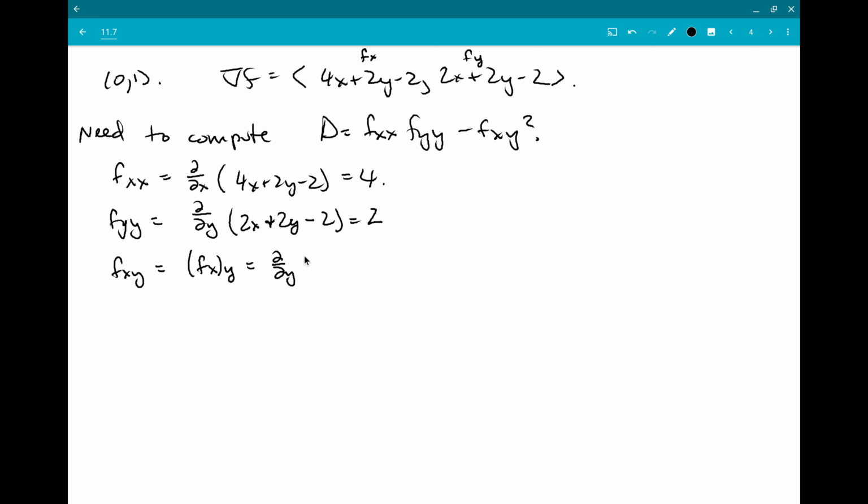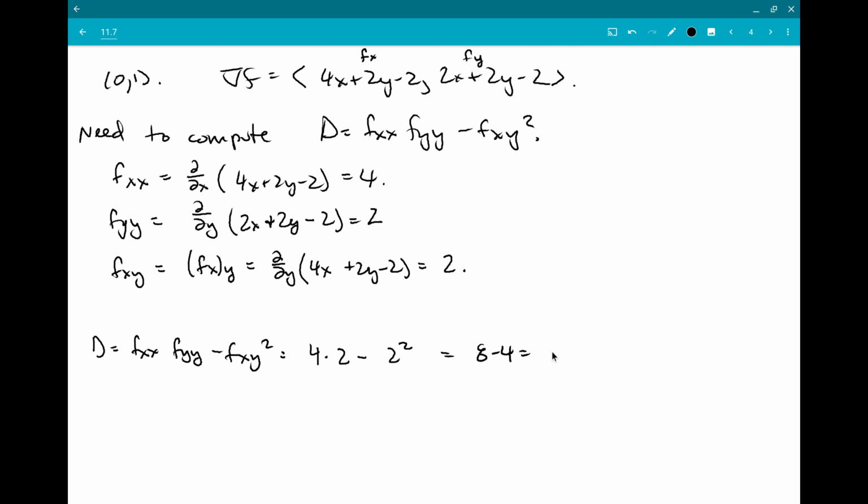So that's d dy of f sub x, 4x plus 2y minus 2. That's just going to give me 2. So my discriminant, f sub xx times f sub yy minus f sub xy squared, is just going to be 4 times 2 minus 2 squared. That's 8 minus 4, which is 4, greater than 0.